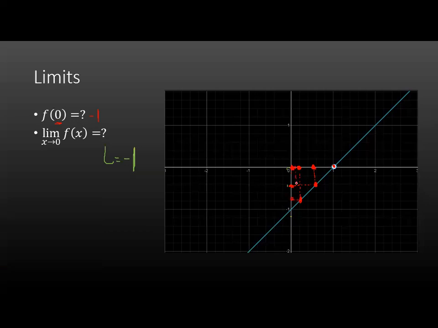If we continue further, it will get closer to -1. So as x approaches 0 from the right side, it approaches -1. Therefore, the answer here is -1.